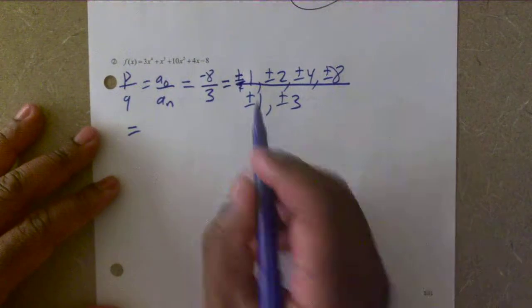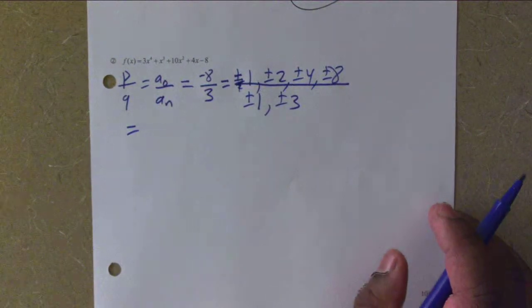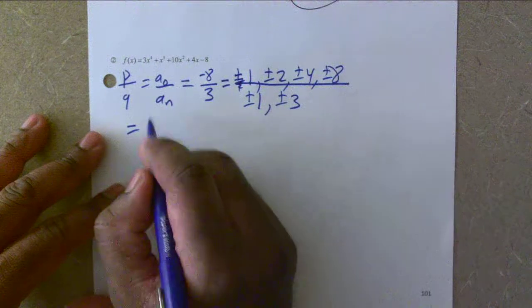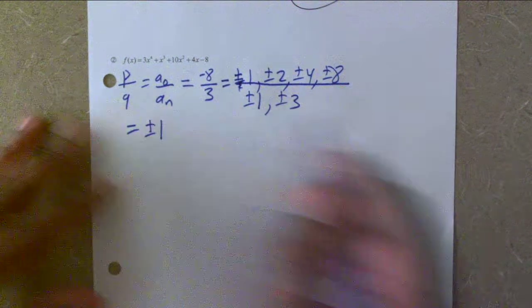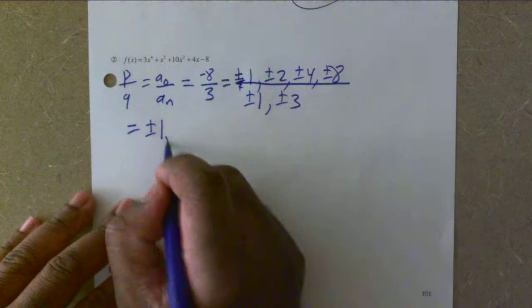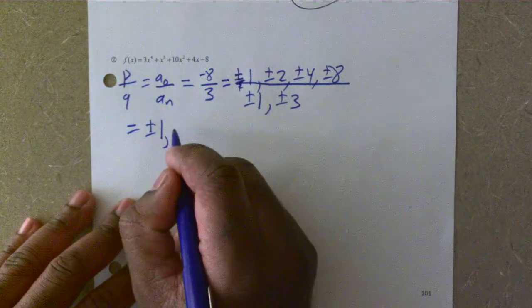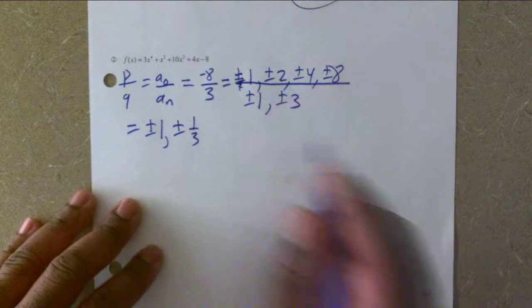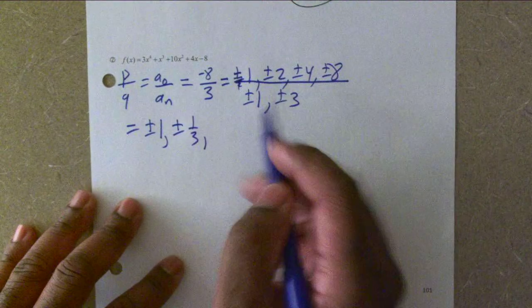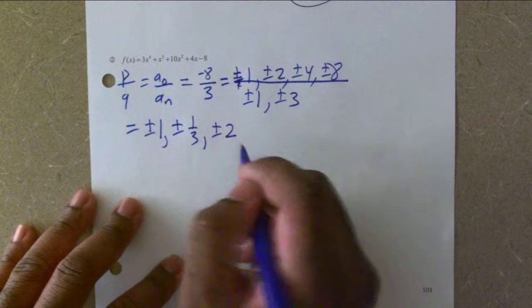So what we could do just to shorten the process just a little bit, positive or -1 divided by positive or -1 will be positive or -1, right? And then positive or -1 divided by positive or -3 will be positive or -1/3. Positive or negative 2 divided by positive or negative 1 is positive or negative 2.